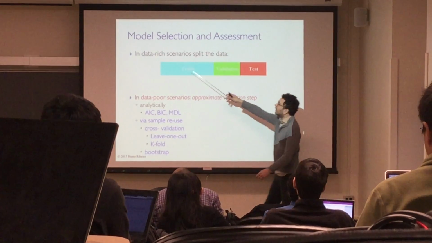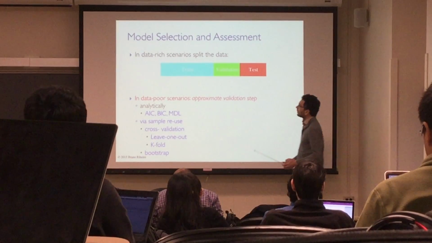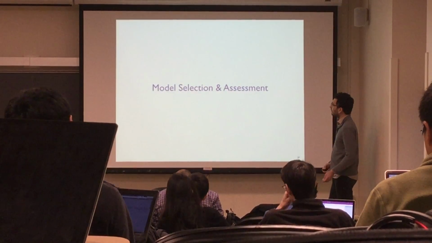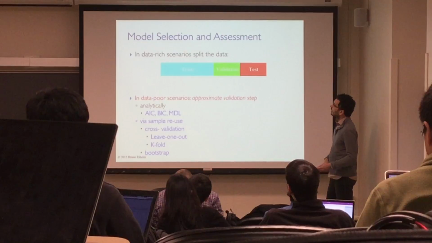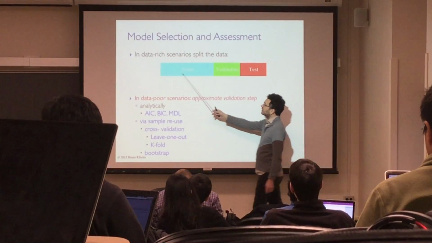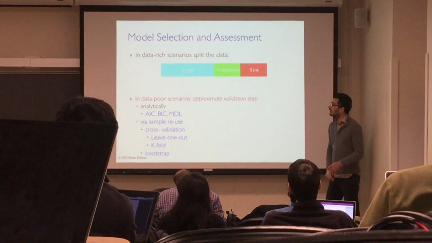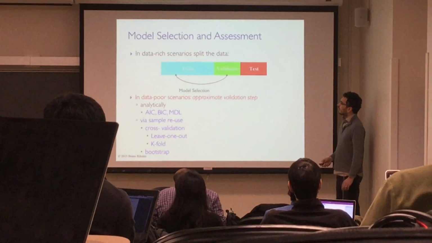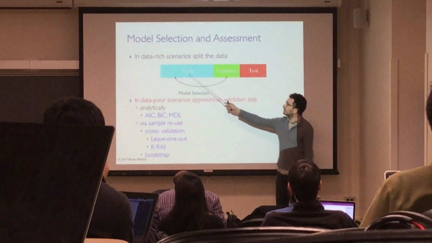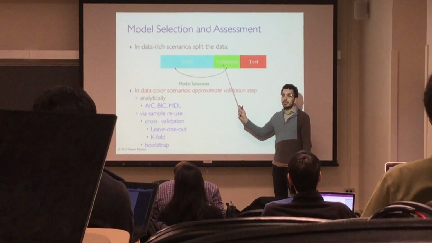Now we go to model selection and assessment. In data-rich scenarios, you can just split once into train, validation, and test. You have a lot of data, so you don't care. Right? You can do the model selection here, training, validation. We have done that a lot.